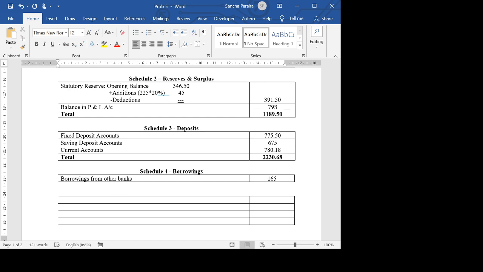Now, Schedule 5 is basically other liabilities and provisions. So we have that also here. Schedule 5, we have one item there as well. Other liabilities and provisions.